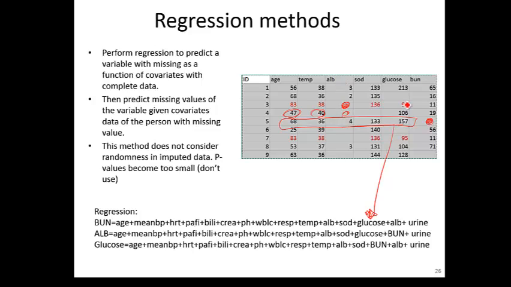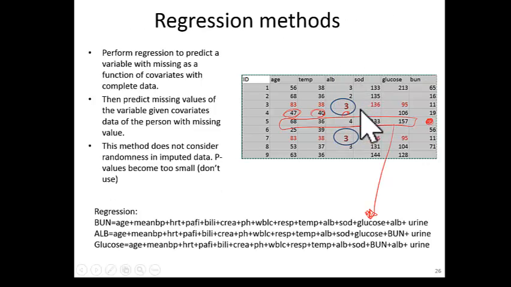And the problem with this approach is, as you see, if we compare these two persons, these two persons actually share exactly the same value for non-missing variables, and then this value will be replaced with 3.